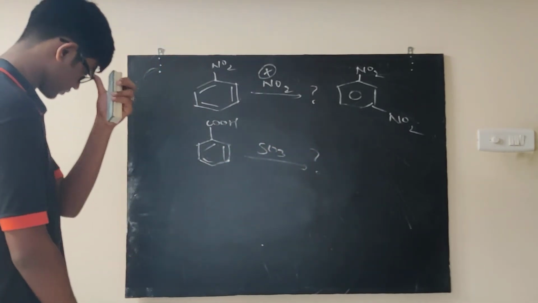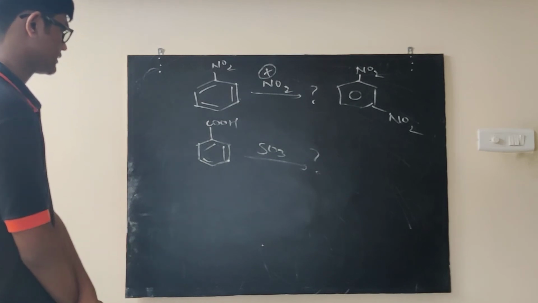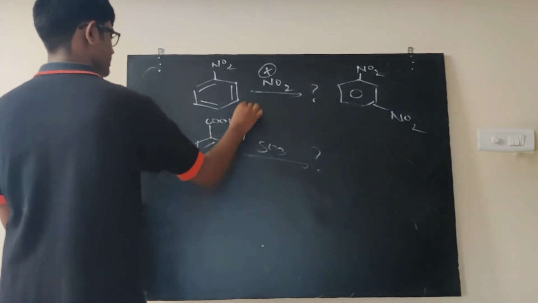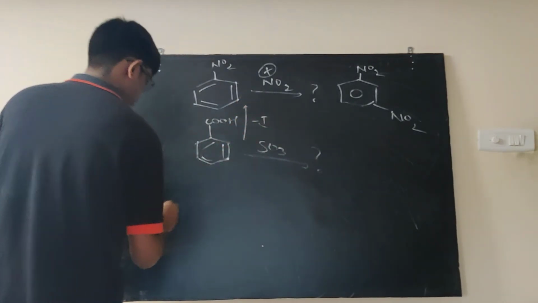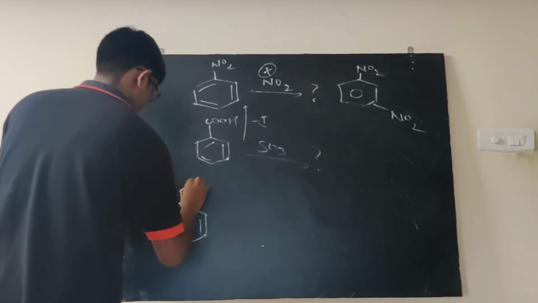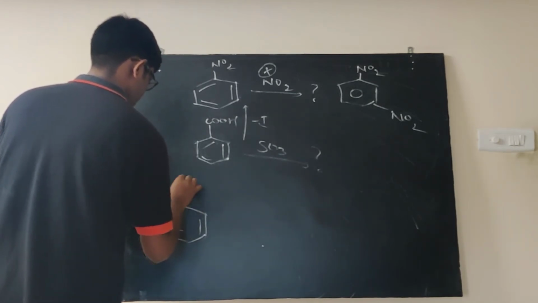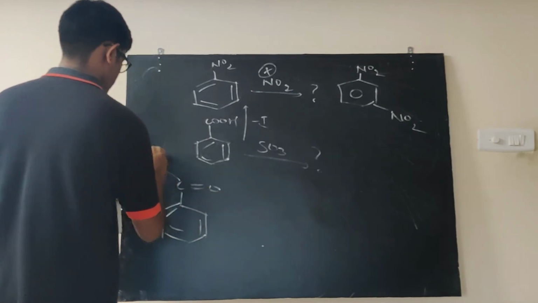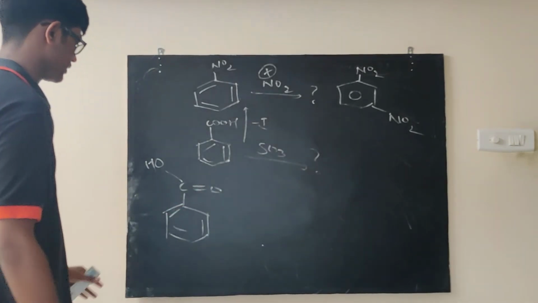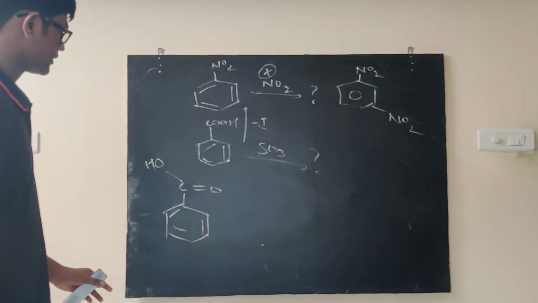I'll give you about 2-3 seconds to guess that. Okay, I hope you got it. So basically COOH, you can see that it's a minus I group, but if you just draw the structure carefully, C double bond O, OH, you can see that these two bonds are actually in resonance.